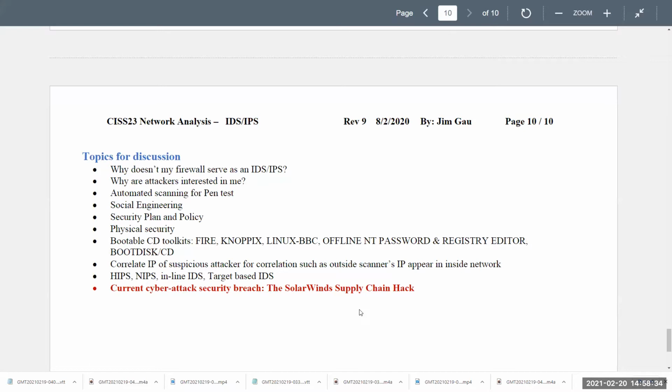Outbound used to be wide open for most corporations, and now outgoing traffic also has to be examined very closely. So this is the quick introduction to what we will do and the objectives of this particular course.